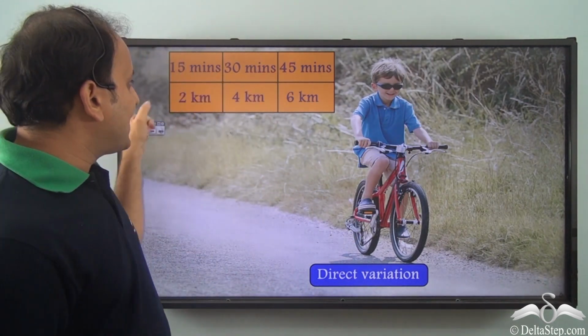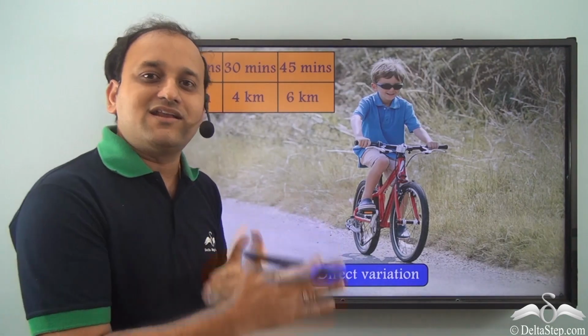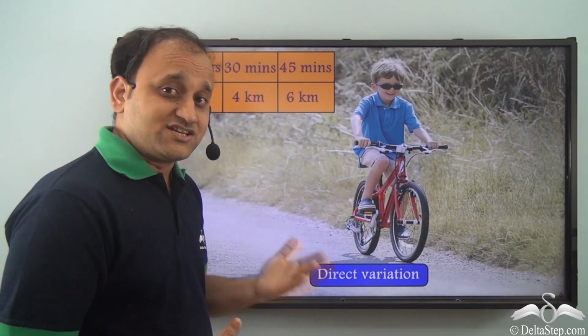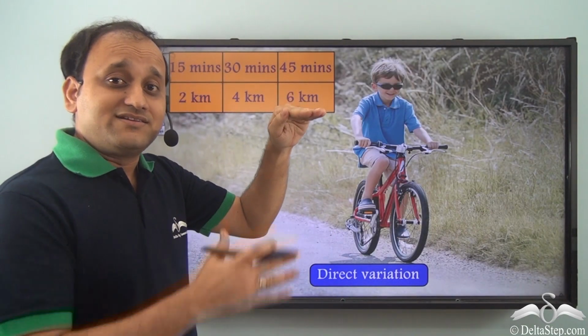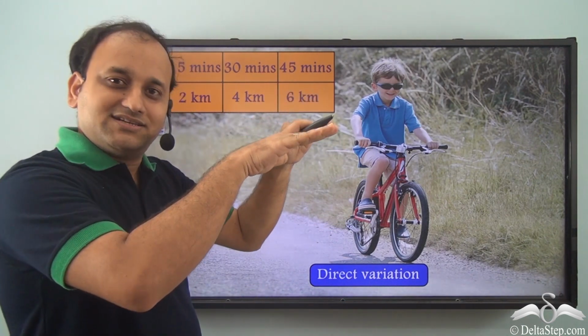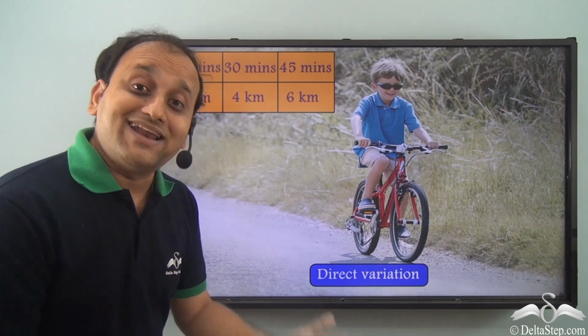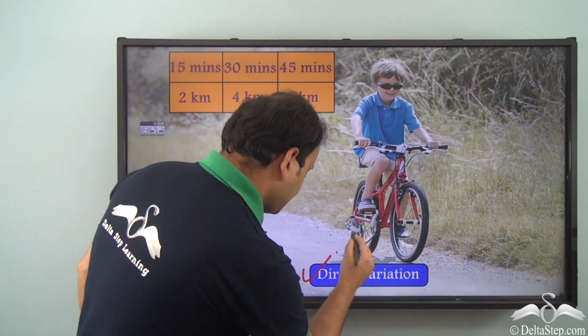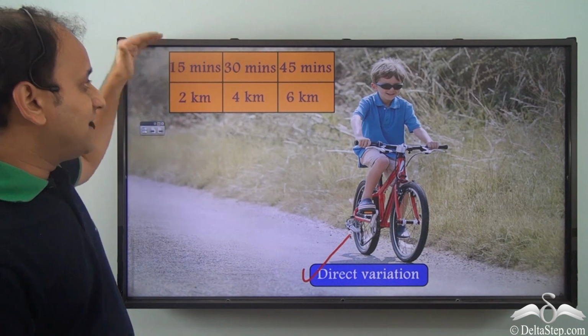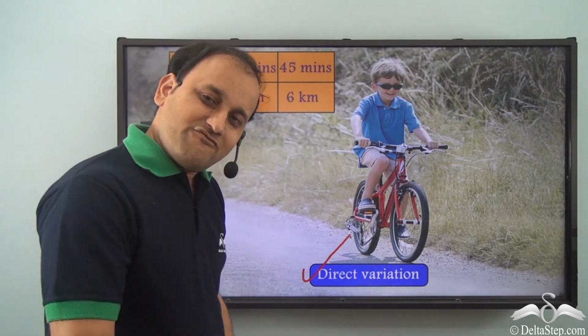So these two values are actually interrelated, and interrelated in such a way that increase in one results in increase in the other. And that is why this is a direct variation. So both these values are showing direct variation.